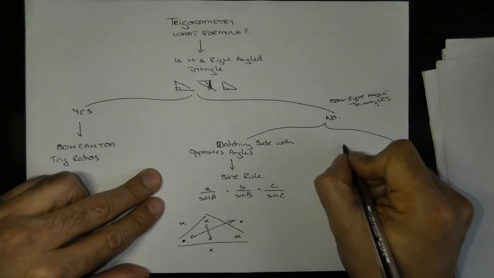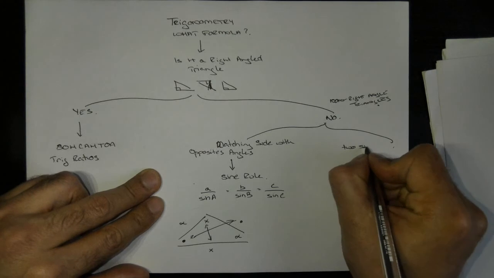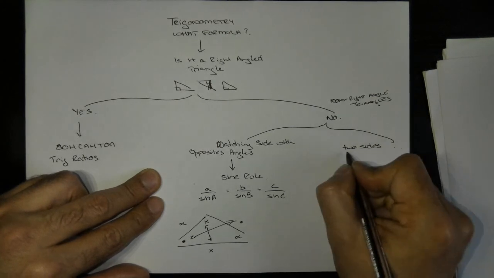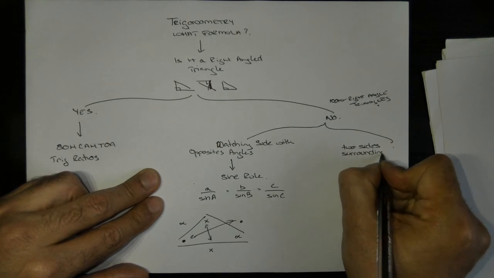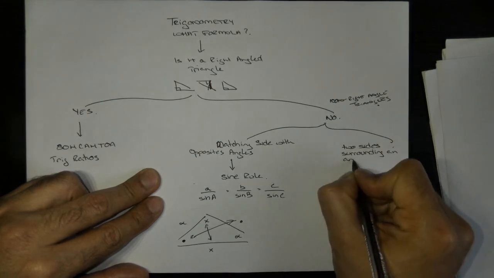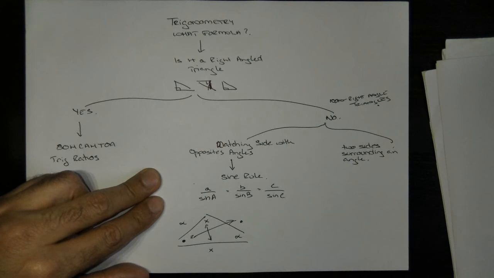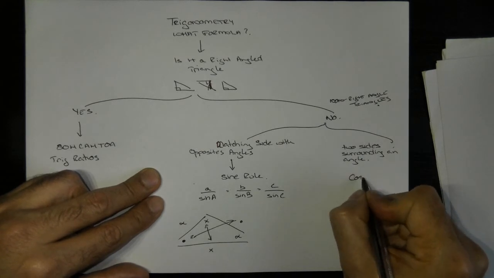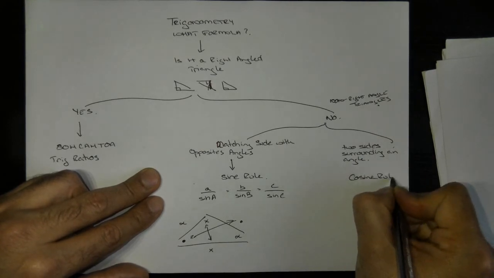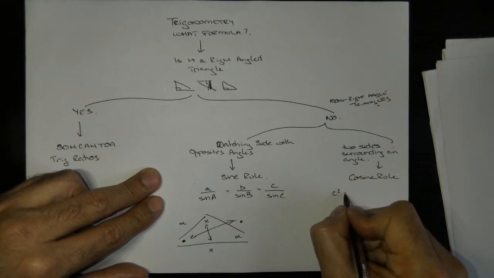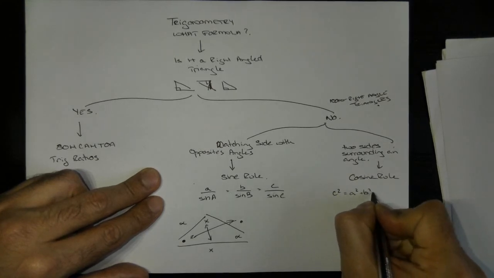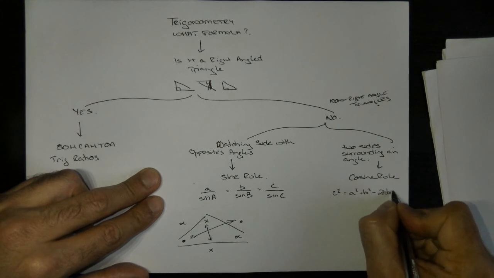If we have two sides surrounding an angle, we're going to use the cosine rule. And so you're going to have c squared equals a squared plus b squared minus 2ab cos c.